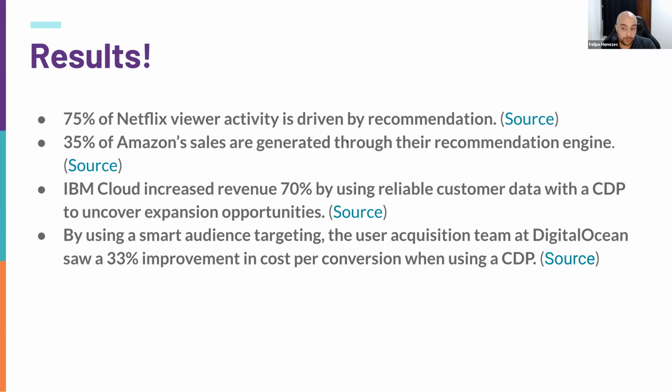And Digital Ocean, that is a startup from Europe, they are starting to use smart audience targeting, and they have improved 33% in cost per conversion just by using the CDP and really not engaging the wrong customer that would not use their product. And that's pretty much what you could achieve.